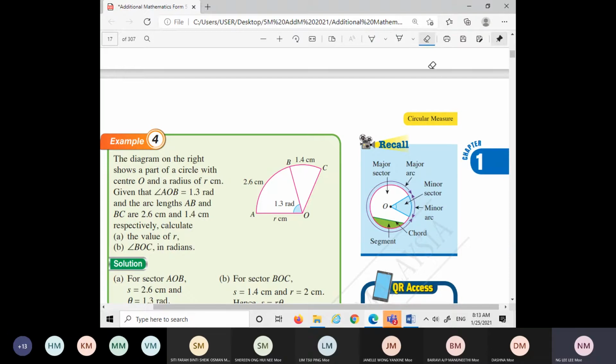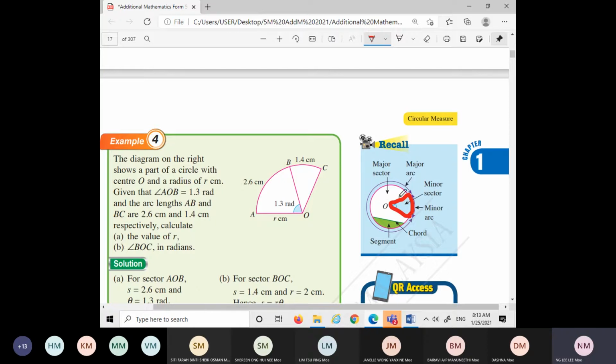Okay, come back here. Next, sector. Remember, a sector is a shape like a piece of pizza. It is surrounded by two radii. The plural of radius we call radii.